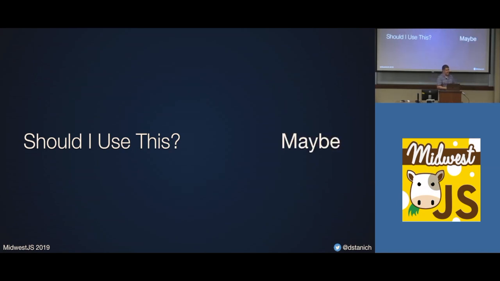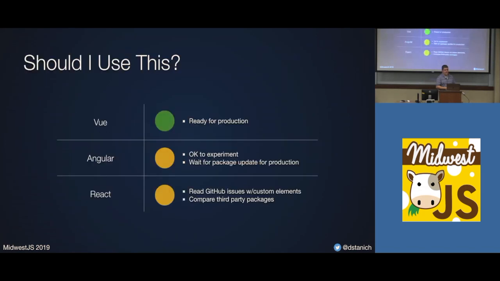So really the big question here is, should you end up using this? And the answer is maybe, right? This is something I came up with to give a brief overview, because I don't want to tell you to use Angular Elements and then get you in trouble, because you shouldn't. You should wait for Angular. It's okay to experiment, search the web for how to do this, or look at my example of how to set this up.